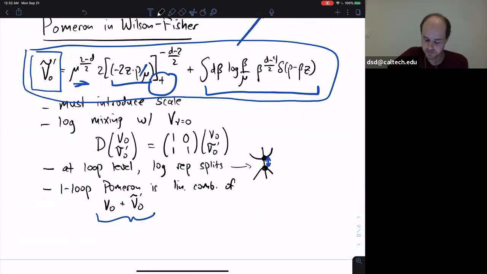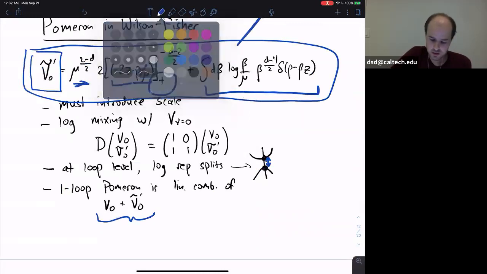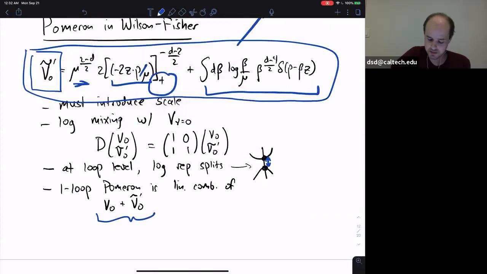There's some anomalous spin here that you can compute in perturbation theory, and these Reggeized trajectories get renormalized at 2 loops.